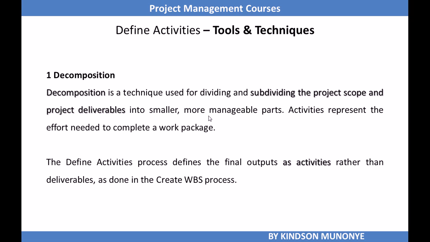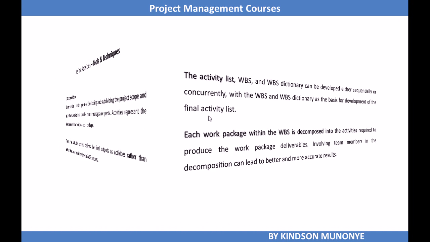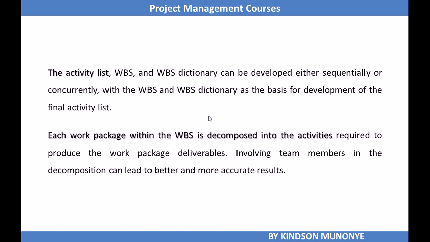So the define activities process defines the final output as activities and not as deliverables, as is the case with the create WBS process. Activity list is the output of define activities. We also have the WBS and WBS dictionary.